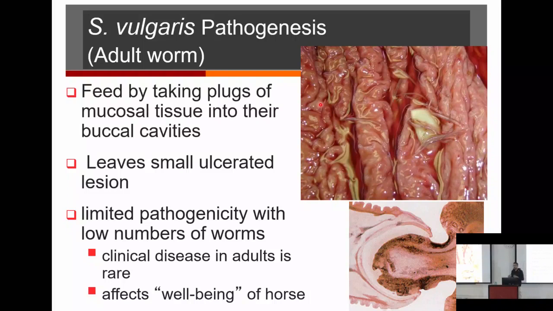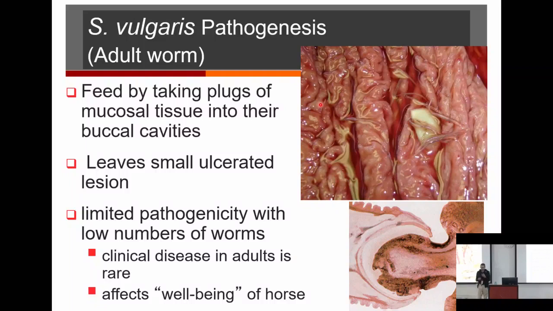So, what is the pathology of the adult in this case? Again, the adult is pathogenic, but not as pathogenic as compared to larvae. The adult will start taking the blood or the tissue from the host intestine. So just think about the buccal cavity I showed you, the teeth I showed you in the initial slides. These teeth will play a role to suck the blood or tissue from the intestine.